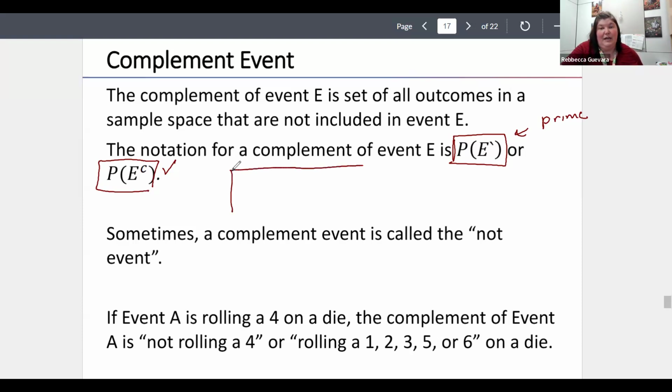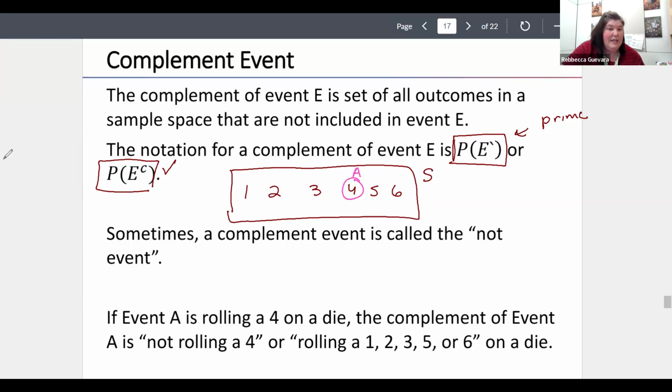If we were looking at dice rolls and our sample space, and the event of interest is rolling a 4, so this is event A, then the complement of A is going to be everything else.